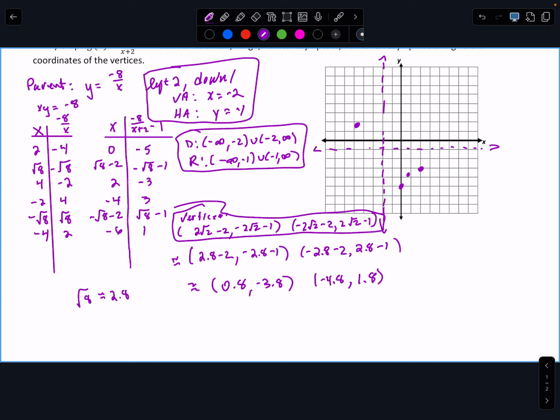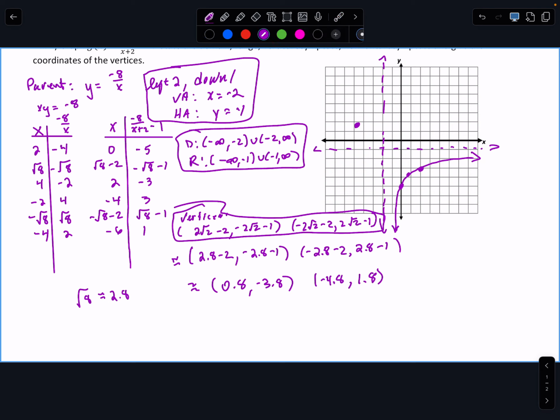And we have the asymptotes, so we can kind of just draw it. Don't forget the arrows. And there's one branch. We have the three points, which is my requirement. And then we have (-4, 3) and (-6, 1).